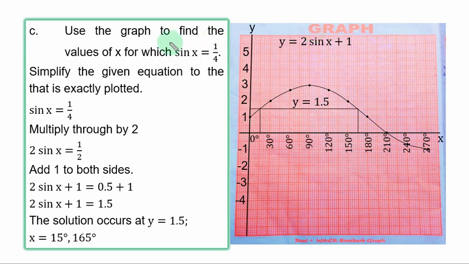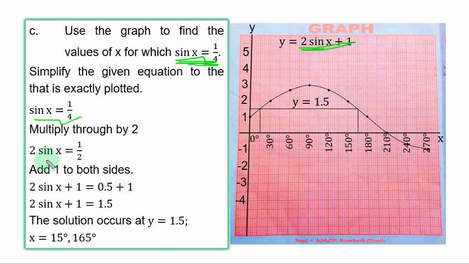Question C, use the graph to find the values of s for which sine s is equal to 1/4. You must note that before you can use the graph to solve this equation, it must be simplified to exactly this. It is a must. So let's do that. This is the given equation. First, let us get 2 sine s by using 2 to multiply through.